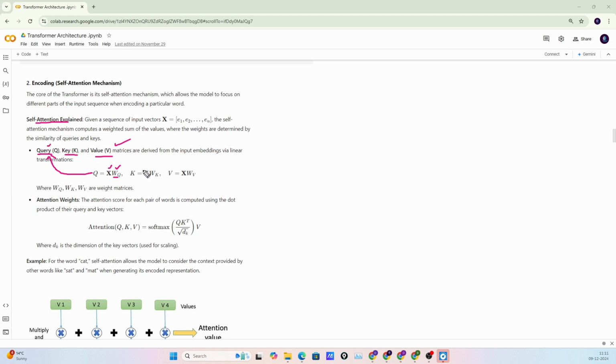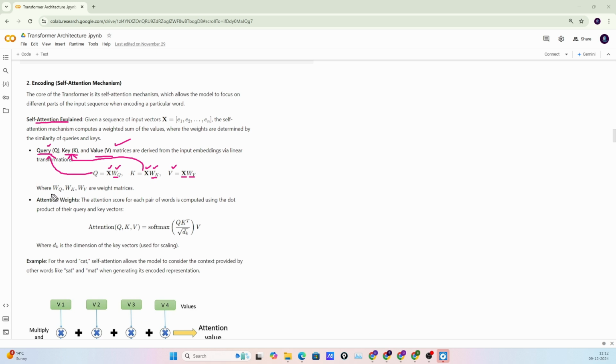Then we calculate our key vector. To calculate the key vector, we multiply our embedding with the key weight. And to calculate the value vector, we multiply our embedding with the value weight. So this way we calculate our query vector, key vector, and value vector.